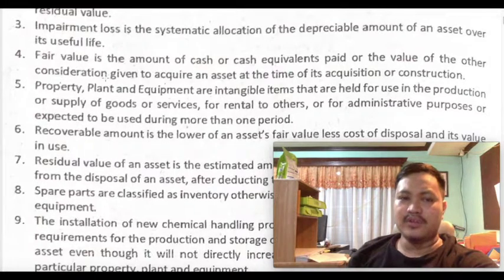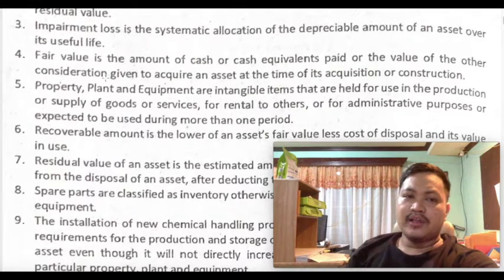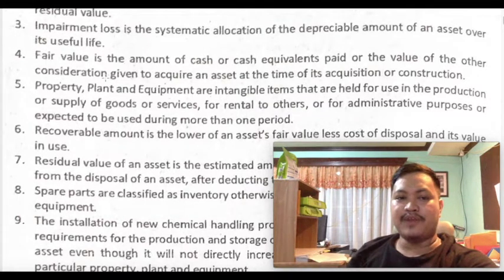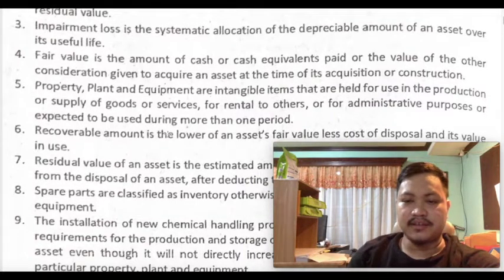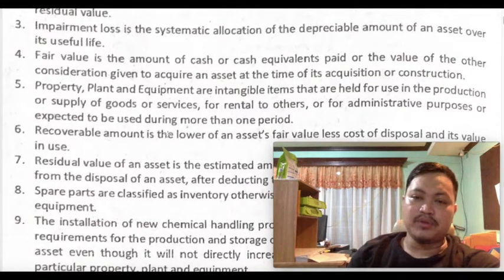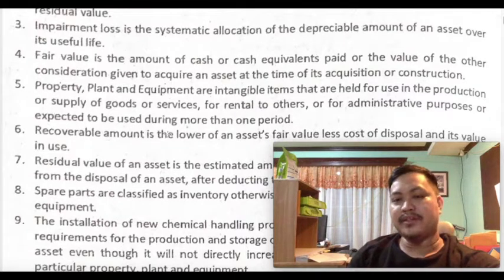And if you also remember the definition of fair value, class, definitely the definition given in number 4 is not the definition for fair value we have learned in the past standards. If you'll recall the definition we've encountered in PAS 2 class, basically the fair value is the amount that you expect to sell an asset or the amount you expect to pay for an asset in an orderly transaction between willing market participants.